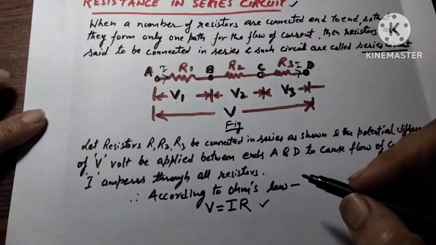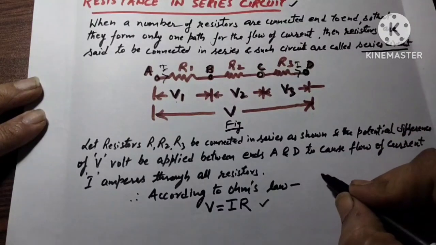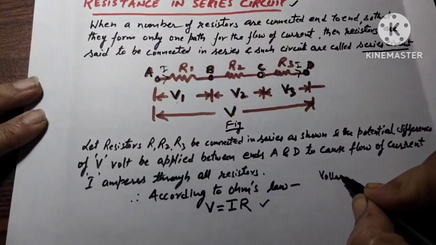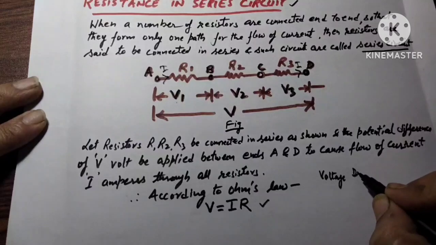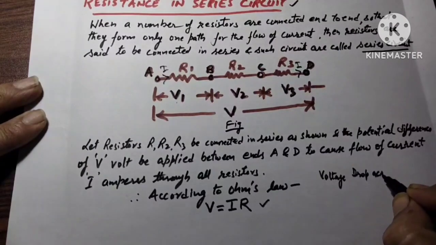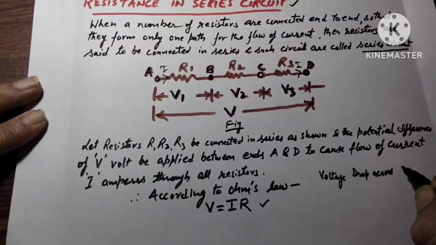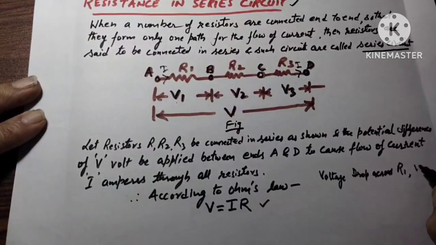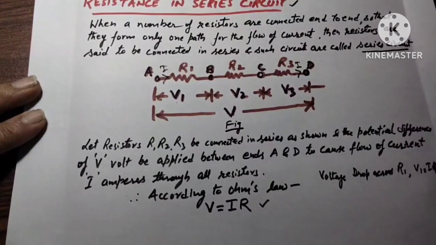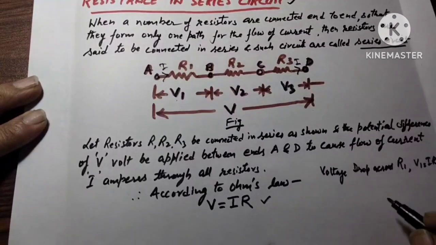So the voltage drop across resistor R1 is V1 is equal to I R1.